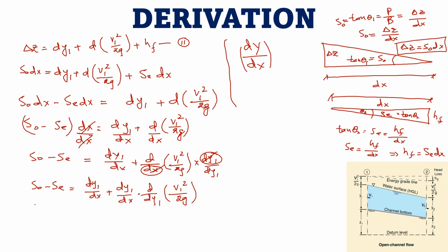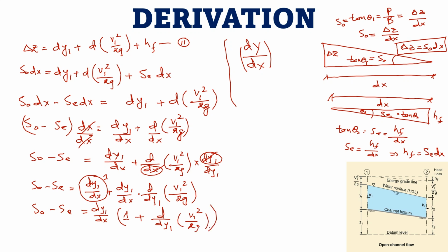So what will happen here? We will just take dy1 over dx common from these two terms. Here we have taken this whole term, so there will be only 1, plus it is also taken common from this term, so it will be d over dy1 into v1 square over 2g.